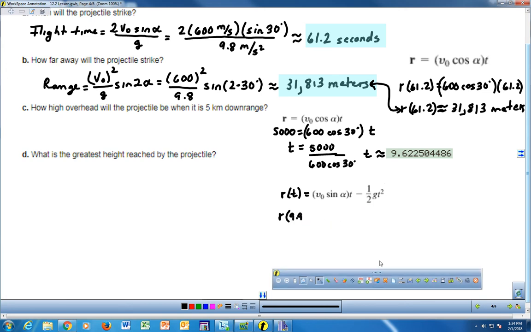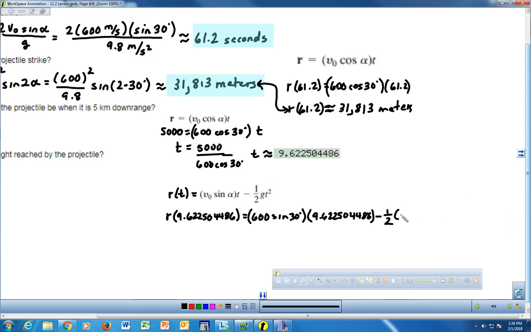Vertical position when the time is about 9.6. I'm just going to write the whole number: 9.622504486 seconds. Initial velocity is 600 times sine of 30 degrees times the time, which is 9.622504486, minus 1/2 times the gravity, which is 9.8 meters per second squared, times the time, which is 9.622504486 squared.